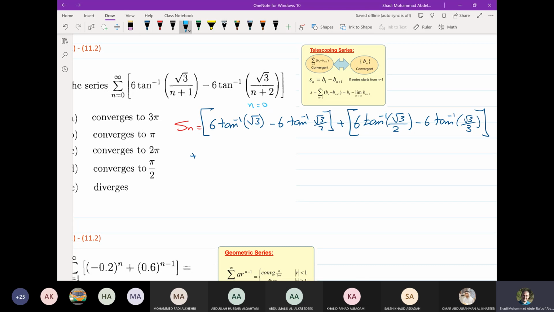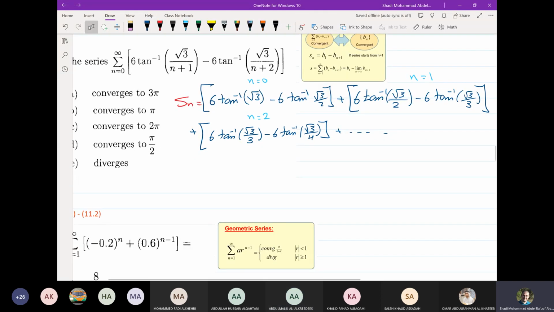So this is when n equals 1. Next term, when n equals 2, it will be 6 tan inverse of root 3 over 3, minus 6 tan inverse of root 3 over 4. And so on. This is when n equals 2.